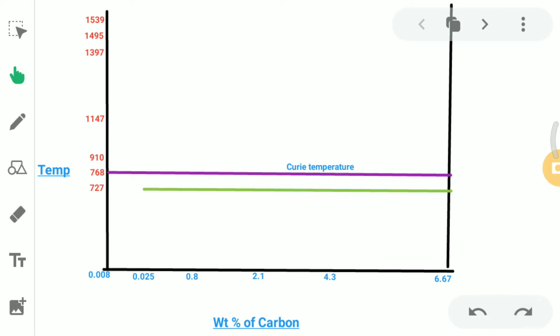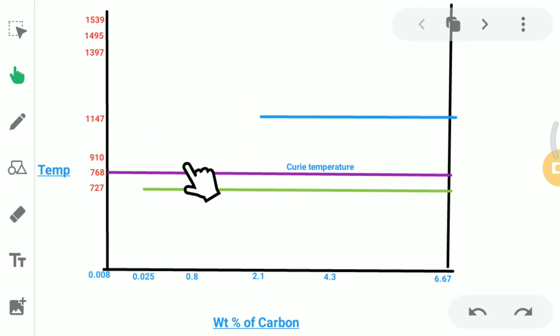And you need to draw a straight line up to 0.025 at 727 degrees centigrade. These are in centigrade, and this is in weight percentage. From here, we need to draw another horizontal line up to 2.1 at 1147 degrees centigrade.